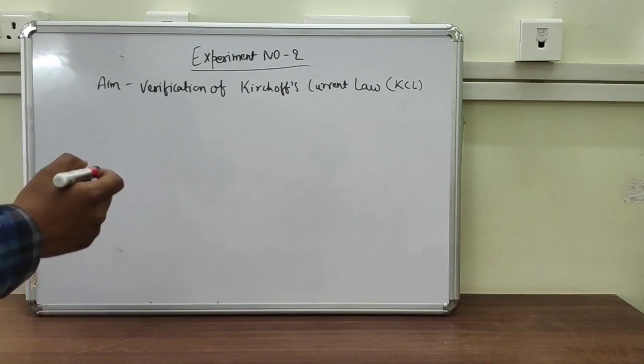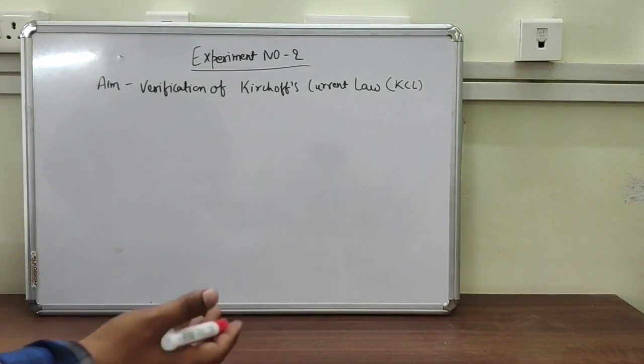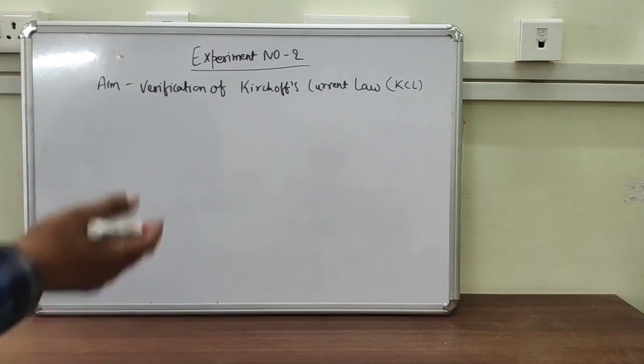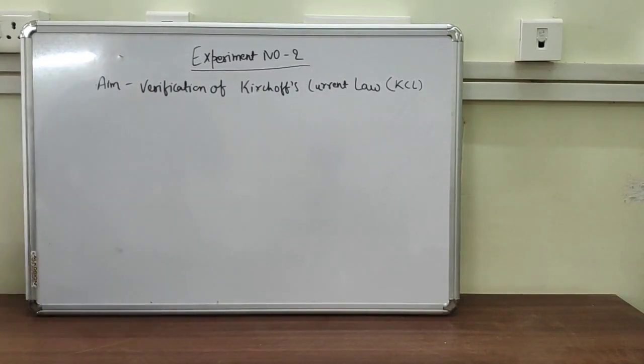Kirchhoff's law is also called Kirchhoff's junction rule, Kirchhoff's first rule, because Kirchhoff has given another rule also, that is called Kirchhoff's voltage law. So now we are going to talk about Kirchhoff's current law.